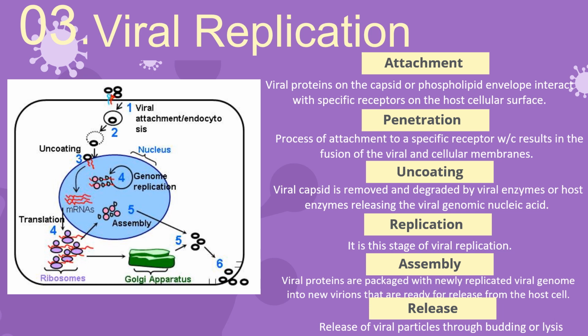So during uncoating, the viral capsid is removed and degraded by the viral enzymes or the host enzymes, releasing the viral genomic nucleic acid. And once the nucleic acid is released, replication happens. So, transcription and translation of the viral genome is now initiated.